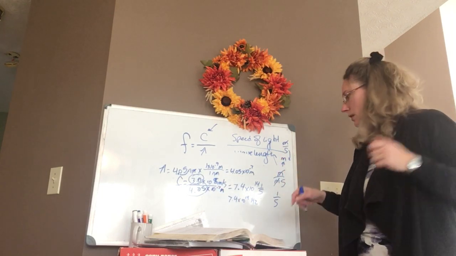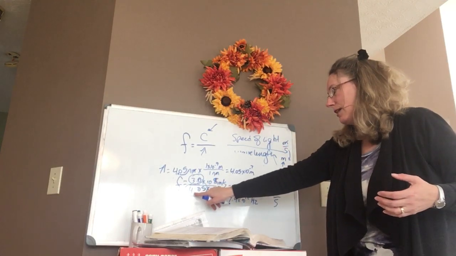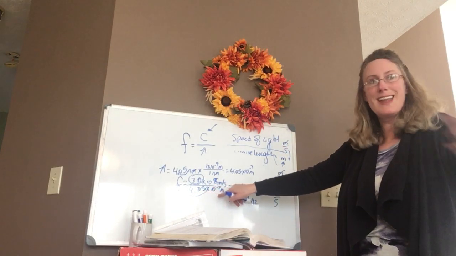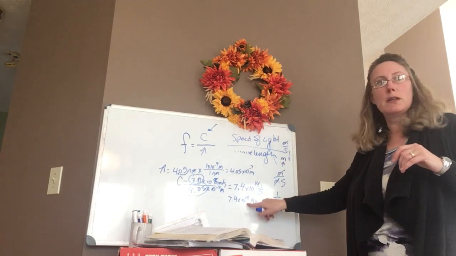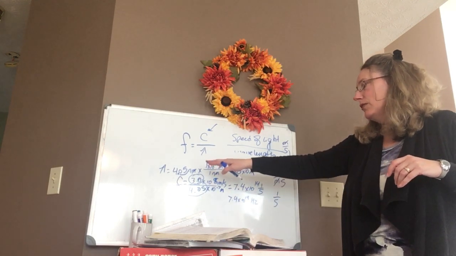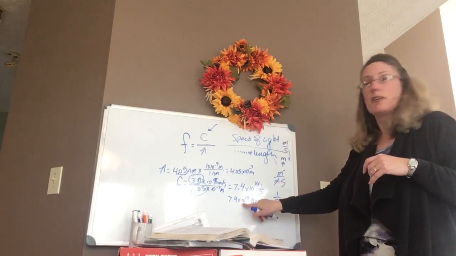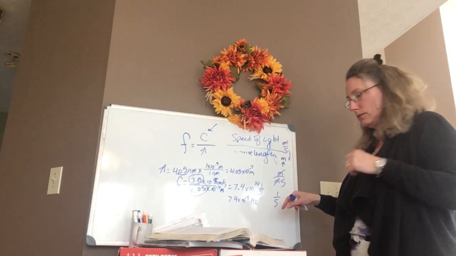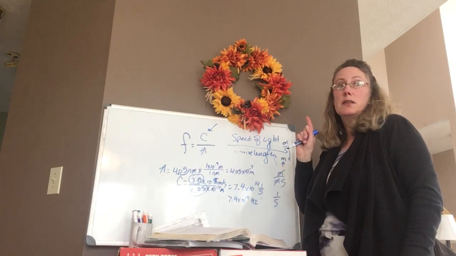Okay, math. All right, but if you do it in your calculator, 3.0 times 10 to the 8th divided by 4.05 times 10 to the negative 7th, because you're dividing by a very small number, you end up with a really big number. Okay, so what does that mean? That means the frequency, how fast my wave is going, is very, very fast. Okay? What does the C stand for? C is the speed of light.